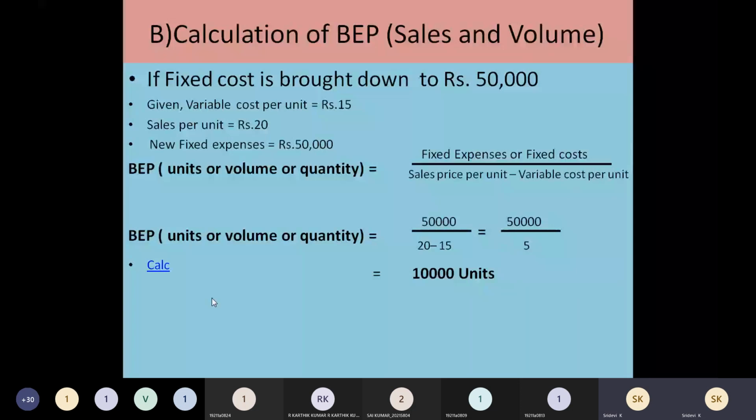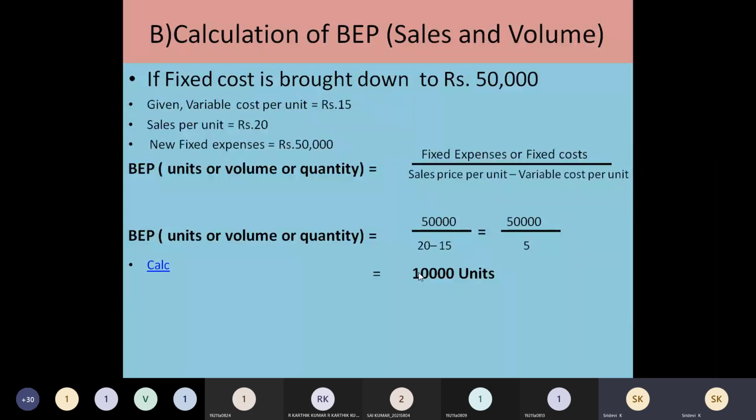So what happened here? Can you tell me the effect of a decrease in the fixed cost? From 54,000 it has reduced to 50,000, so automatically the break-even point has also reduced, from 10,800 at 54,000 to 10,000 units. That is the effect of reduction in the fixed cost.